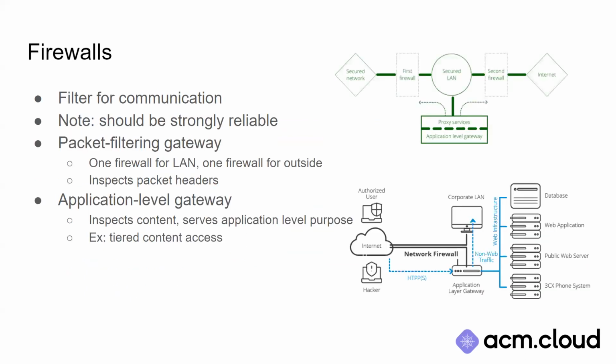Cool. And then another way in distributed systems that we try to handle authorization is through what are known as firewalls. There are a couple of different ways to do this, but in their barest form, what they're used for is just filtering communication. So if somebody's trying to access a server, we can filter that communication depending on where it's coming from and depending on what the contents are.